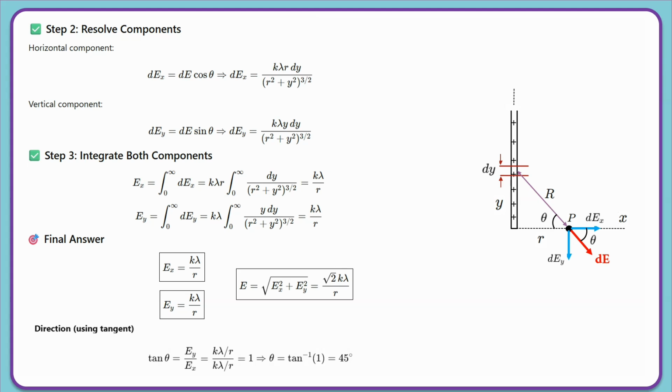Using the tangent relation, tangent theta equals Ey divided by Ex, which equals 1. Therefore, theta equals tangent inverse of 1, giving 45 degrees. So the net electric field points 45 degrees below the positive x-axis.